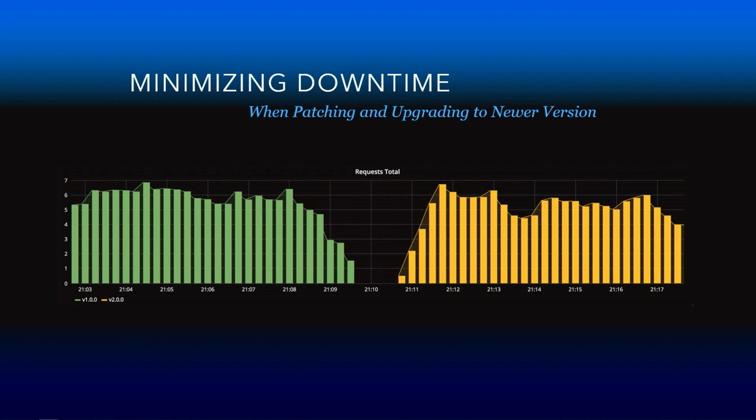Moving on, an Achilles heel of large enterprise systems is patching and upgrading to newer versions. Usually there's a downtime if you recreate the system. As you can see here, that's what happens when you go from one version to another. This new version that we are building is much smarter. Behind the scenes, when you apply a patch or upgrade to a new version, we apply 2 techniques to reduce downtime.